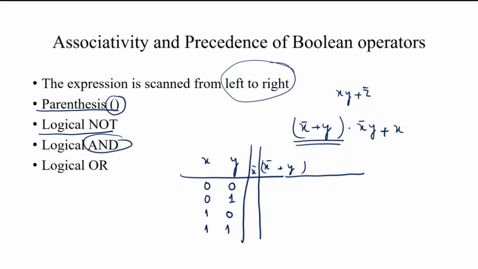This operand is present in its primed form, meaning not of x, the complement of x. So inside this parenthesis, first we solve the complement form. What will x complement be here? It is 1 1 0 0. When x is 0, the output is 1. When x is 1, its complement is 0.